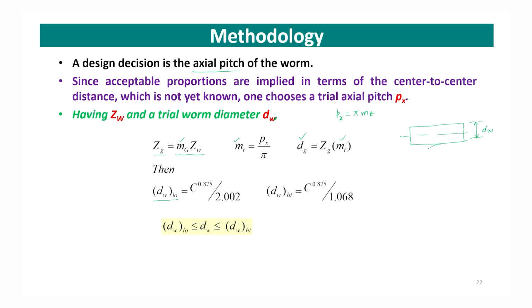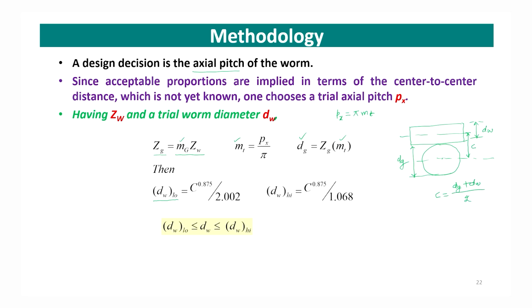We know this is the worm, this is the gear, the center of rotation of the gear is this one, and this distance is equal to dg, and the center to center distance is c, and we know that c is equal to dg plus dw divided by 2.